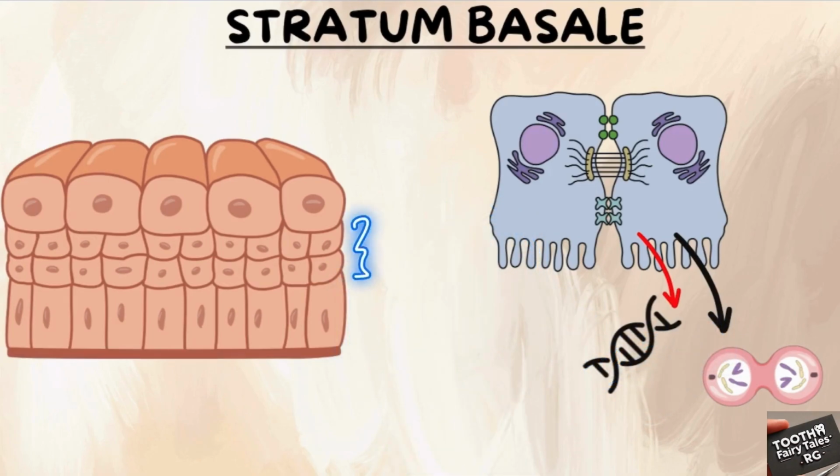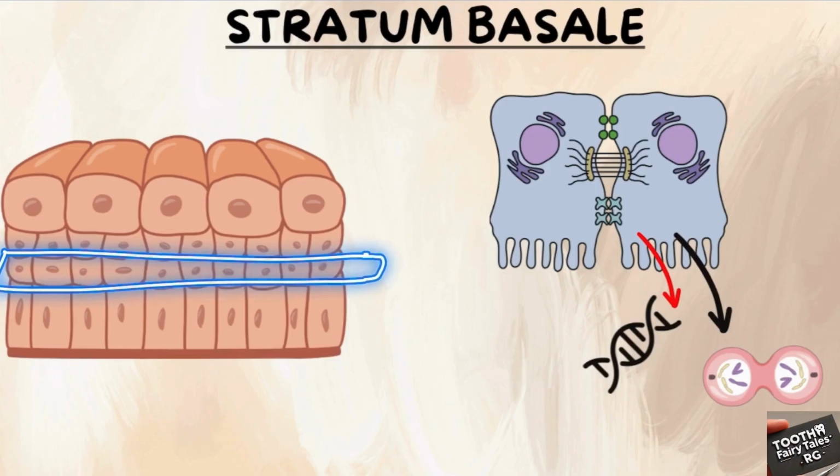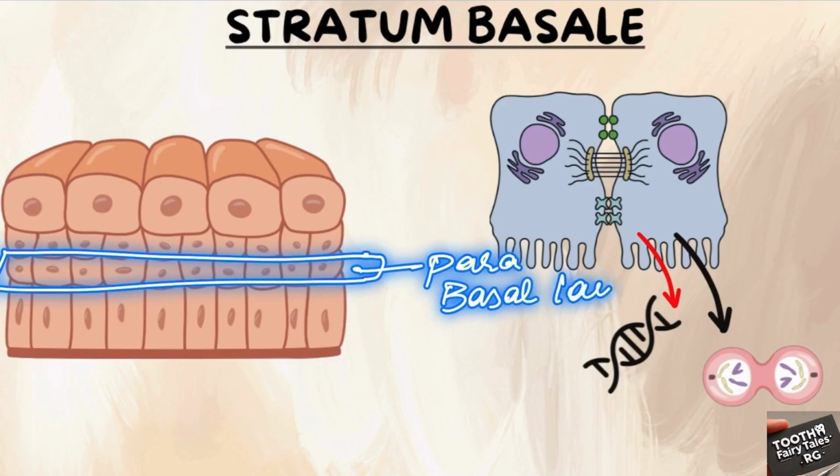Above the basal layer is the spinous layer. This layer also has some mitotic figures. So the layer which has the mitotic figures is known as the parabasal layer, as it is present immediately above the basal layer.